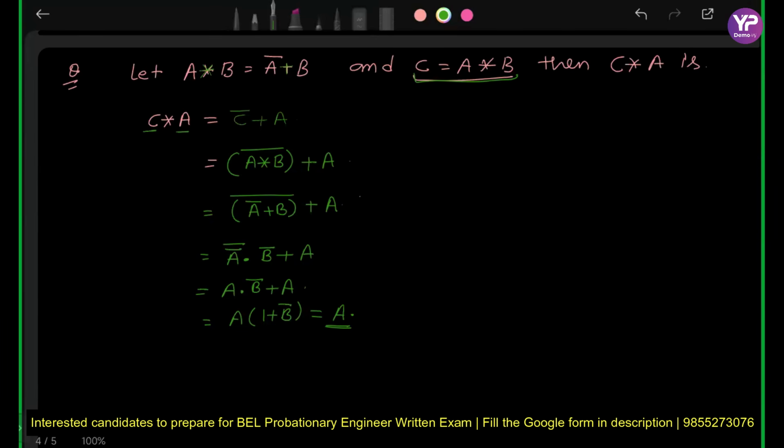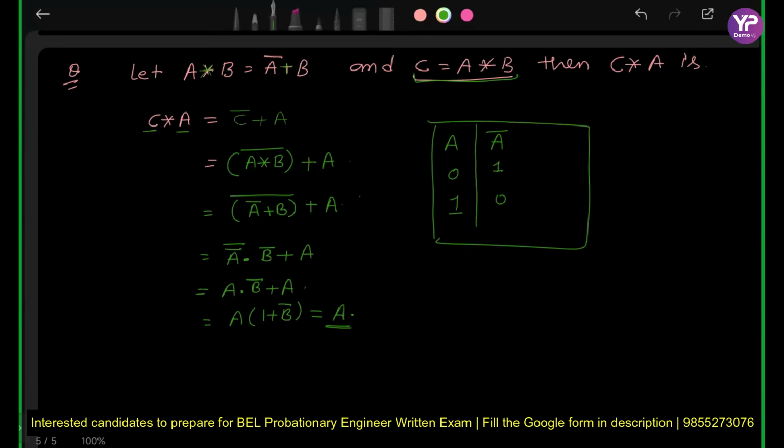Okay, double bar means, let's say you are writing A bar. A takes the values 0 and 1. Then A bar is how much? That will be 1 and 0. Understood? You already know this one or not?